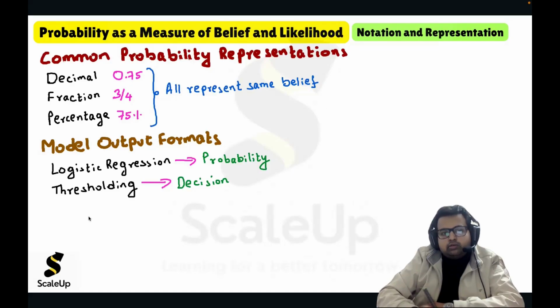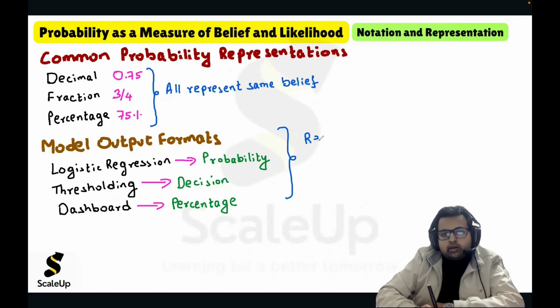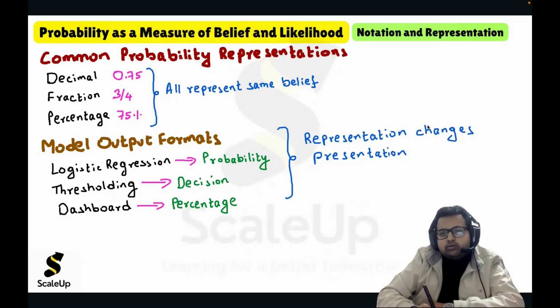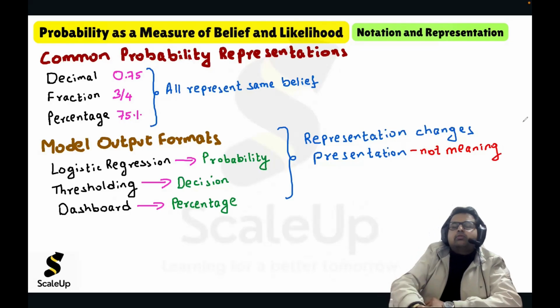And when we are dealing with a dashboard, the output format is some sort of percentage. One very interesting thing here is that a different representation just changes the presentation and not the meaning. The meaning is still preserved.